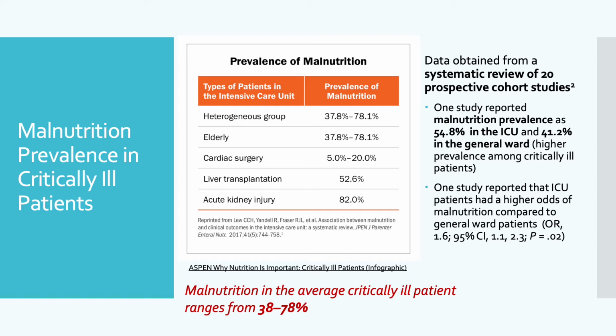Also, in one of the included studies in the systemic review, malnutrition prevalence was higher in the ICU compared to the general ward, with rates of 54.8 and 41.2 respectively. Another study included found that the risk of developing malnutrition was statistically higher in ICU patients compared to general ward patients.